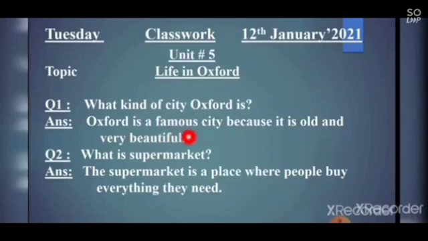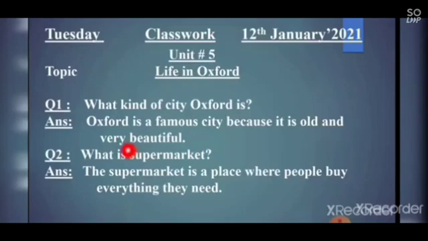Okay, Oxford is a famous city because. BECAUSE, because it. Give some space. IS, again give some space, old, OLD, old, and AND, and very, VERY, very.